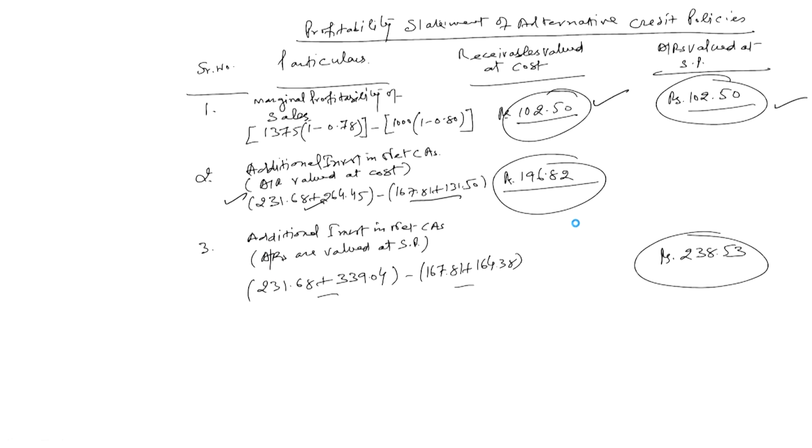So we have seen here that the total new investment required would be 231.68 plus 264.45, that is the new investment in all the net current assets, and the existing level of investment was 167.81. Now how have we calculated this 167.81?